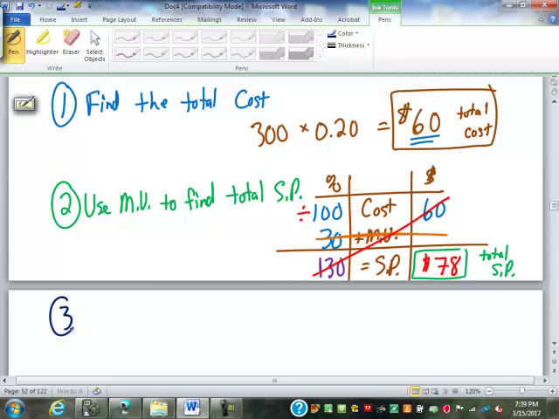Step 3. Step 3 will change slightly depending on a secondary market. For this case, we're assuming no secondary market. That's what I was going to say next. What does that mean?